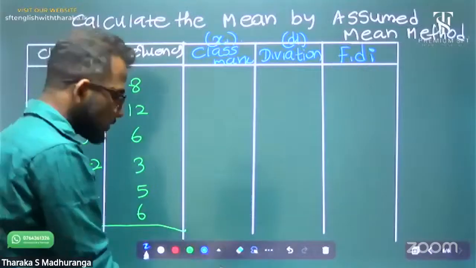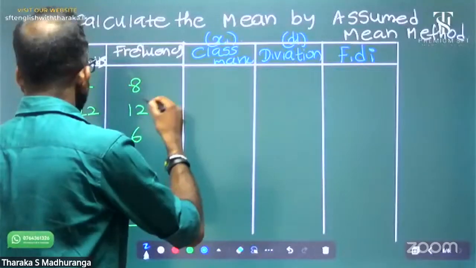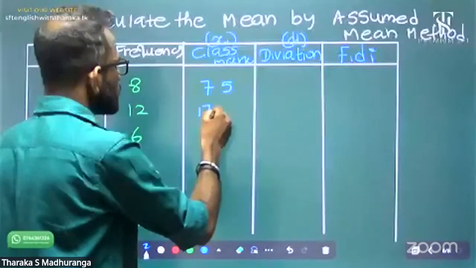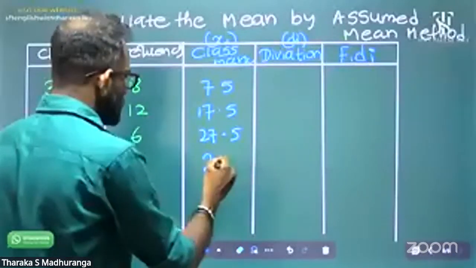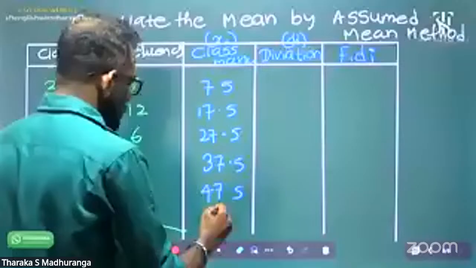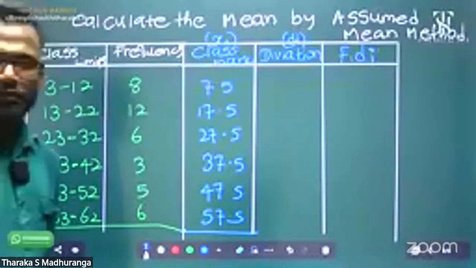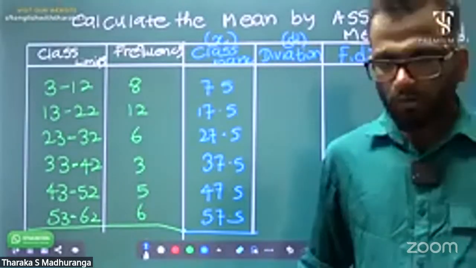First of all, fill the class mark column. That means 7.5, it's easy, right? 17.5, 27.5, 37.5, 47.5, 57.5. Is it clear? Do you have any problem with our video?